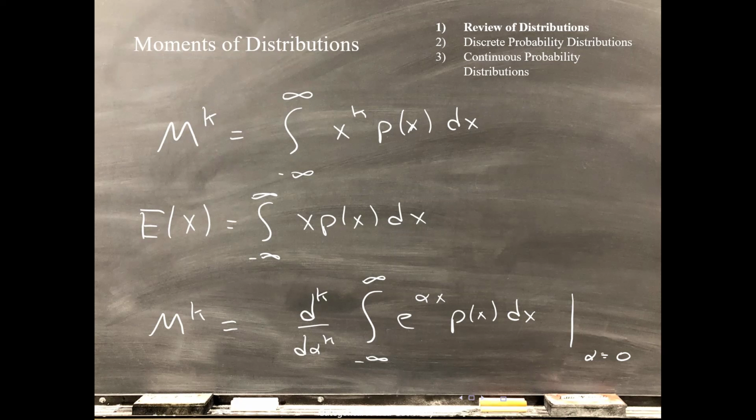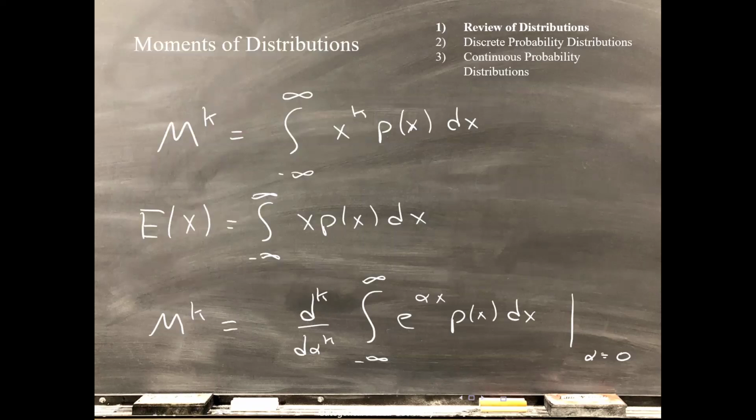A moment means we put additional powers of x into the integrand, right? So in particular, the kth moment means we take the integral over all space of x to the power of k times the probability measure. So the expectation value of x, which is basically the mean, is just we have a power of x in there. So that's the integral over all space of x p(x) dx.